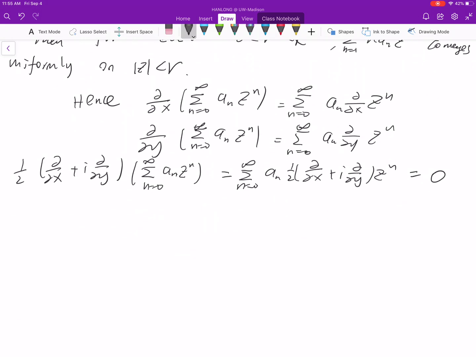Okay, on the other hand, we prove that the partial derivatives, this one, moreover, let's call them star 1 and star 2, star 1 and star 2 are continuous.